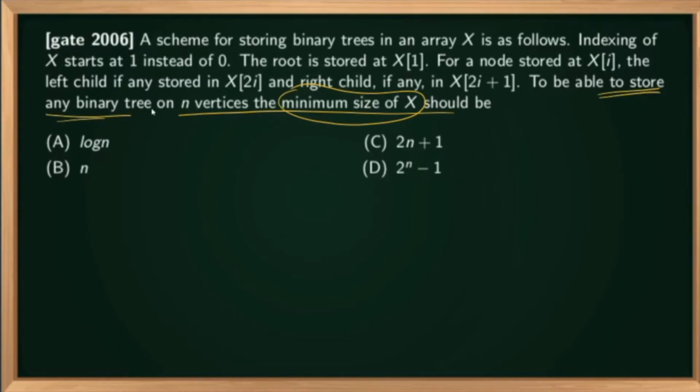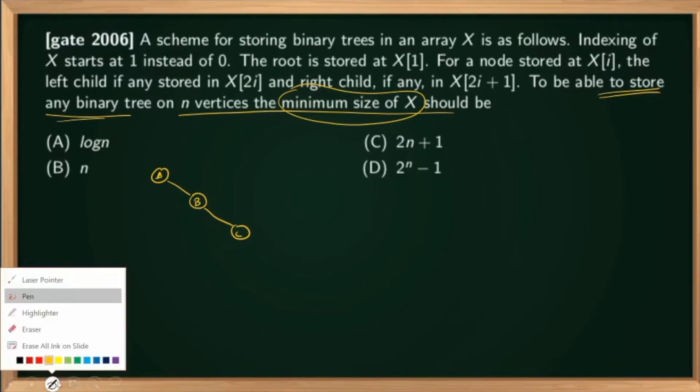Remember this. The worst case for a sequential representation happens when you have a right skewed binary tree. So let's assume you have A, B, C. This is a right skewed binary tree.